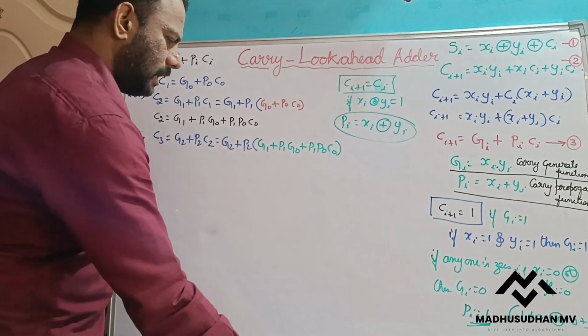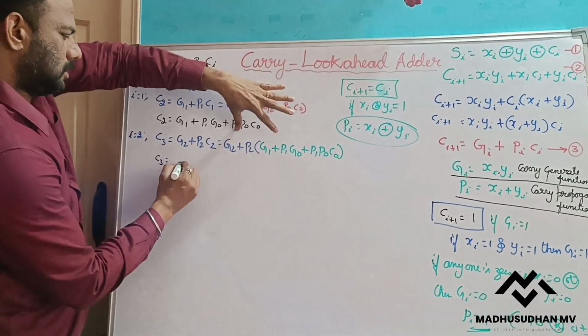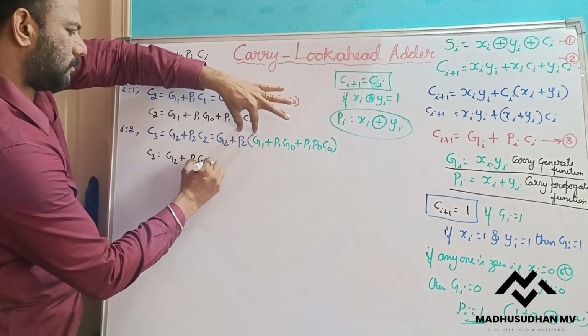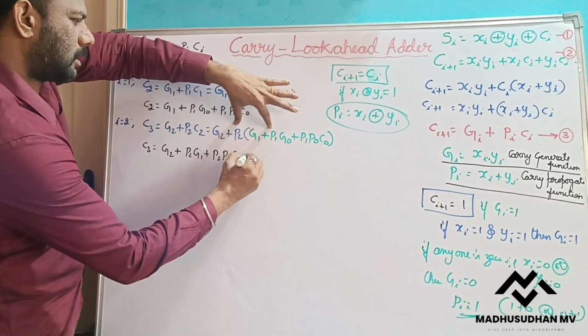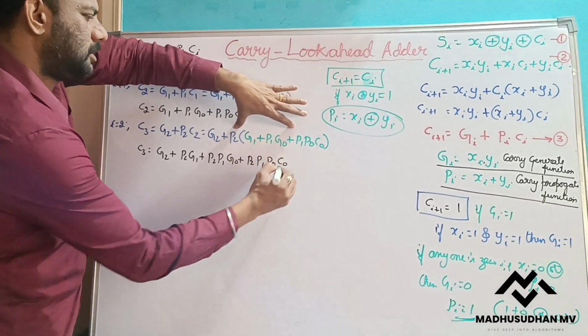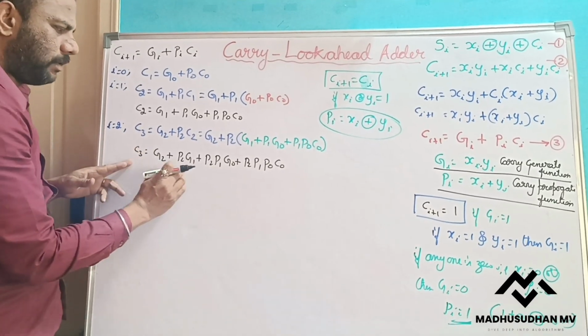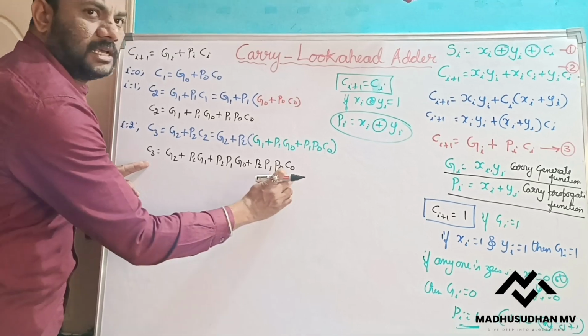Now if I multiply this, what I got? C3 is equal to G2 as it is plus P2 into G1 plus P2 P1 G0 plus P2 P1 P0 and C0. Now again if you observe this equation, C3 is nowhere depending on C2 or C1.